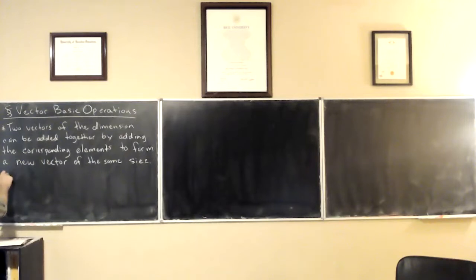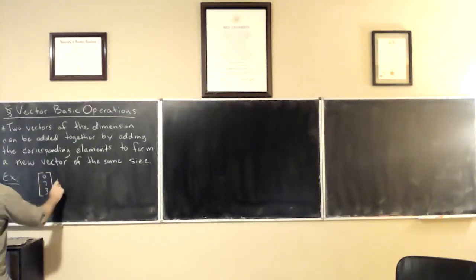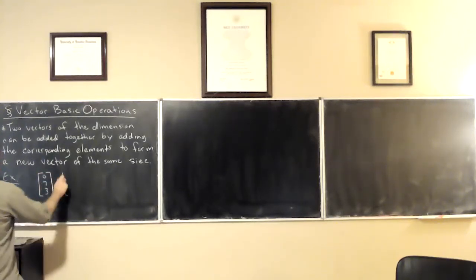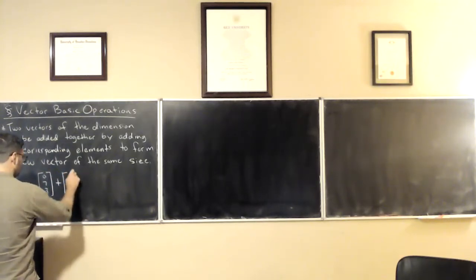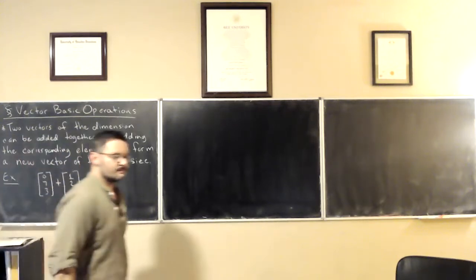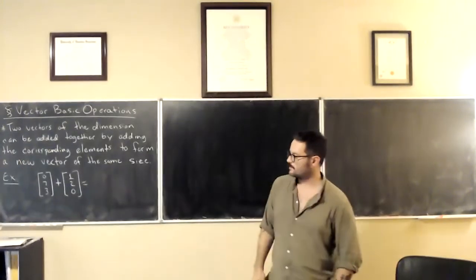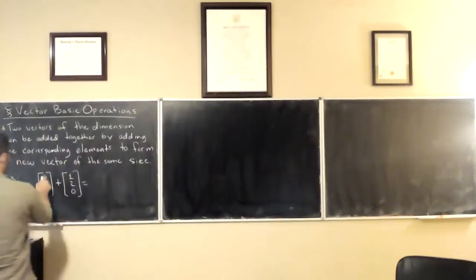Okay, as your textbook has a few examples, we can look at maybe 0, 7, 3 plus 1, 2, 0. So we can indeed add these two vectors together because they have the same dimension. They're both 3-vectors. And we do this element-wise.